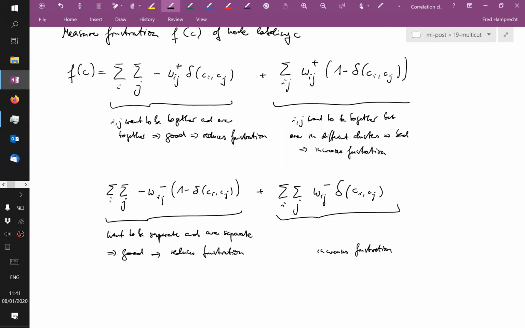So you're completely right. We don't need this many terms. We're going to simplify. Why did I write it like this? Because in principle, between two nodes i and j, we can have attractive and repulsive interactions at the same time, and sometimes it's convenient to estimate them separately, or to be aware if the classifier on the one hand believes strongly they should be together, and on the other hand believes strongly they should be distinct.